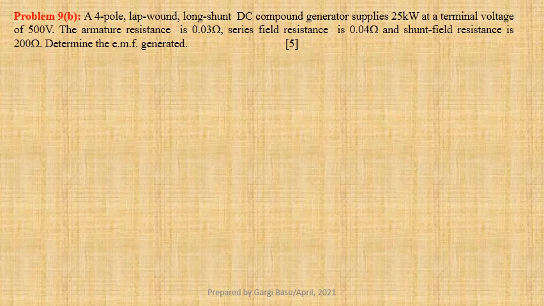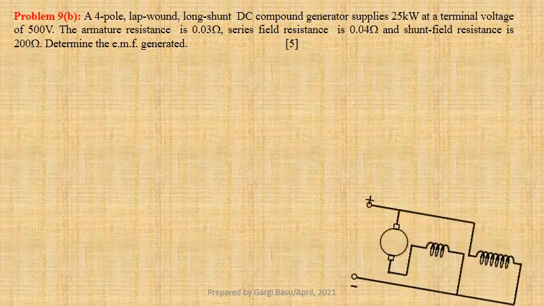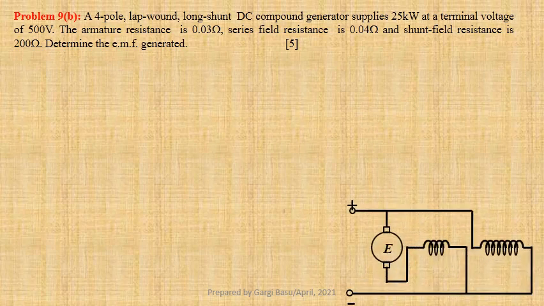Problem number 9b. A 4-pole lap wound long shunt DC compound generator supplies 25 kilowatt at a terminal voltage of 500 volts. The armature resistance is 0.03 ohm, series field resistance is 0.04 ohm and shunt field resistance is 200 ohm.